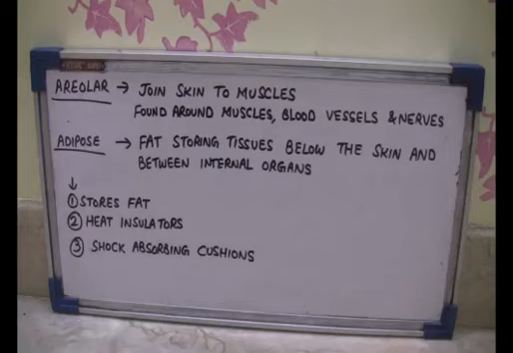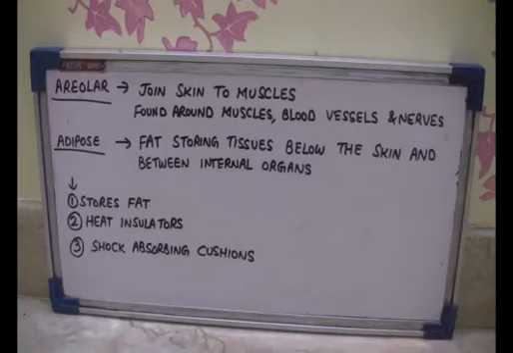The adipose tissues, these are the fat storing tissues below the skin and between the internal organs. Their main function is to store the fat, and they also act as the heat insulators of the body. They reduce the heat loss from the body and regulate the body temperature. Third, and the main thing is that they act as the shock absorbing cushions in between the internal organs.